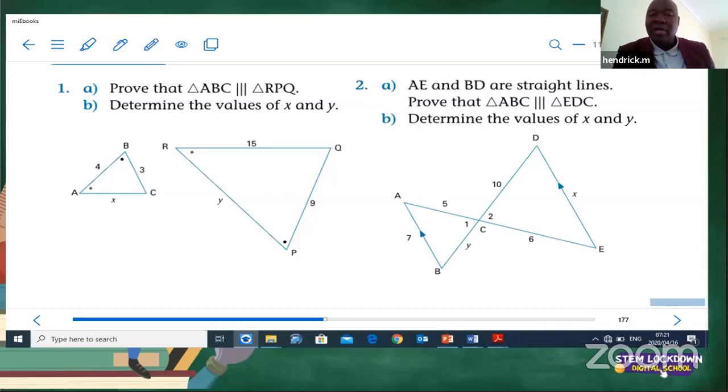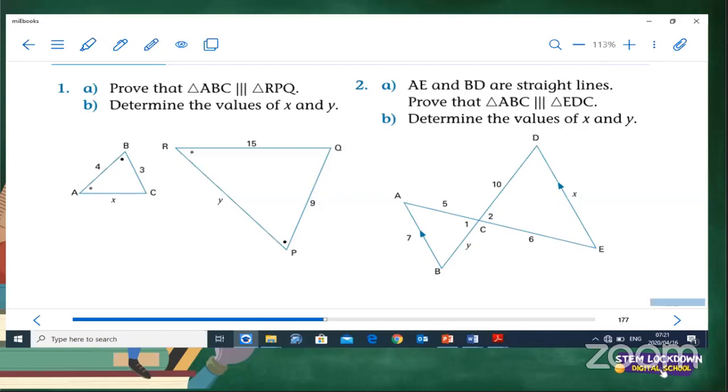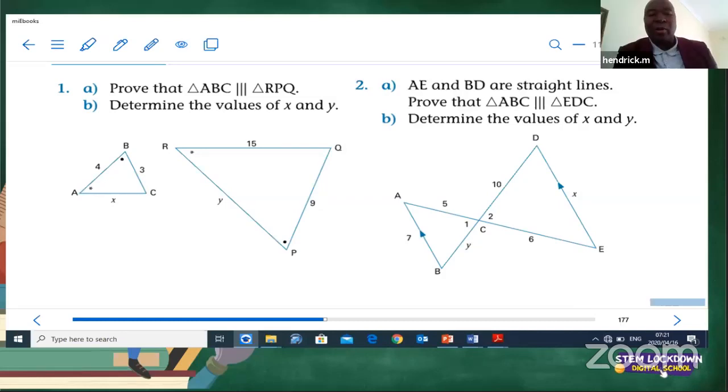At this stage, we have not yet proved. We need to start by proving that ABC is similar to triangle RPQ. What you have done now is just answer B. I agree with you. The answers are correct. But you need to base that on a reason.